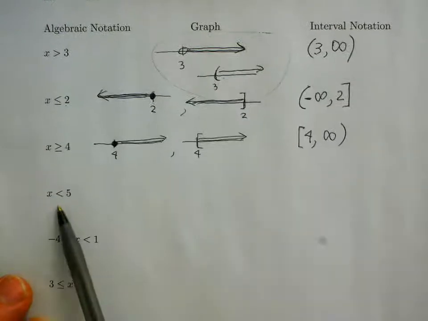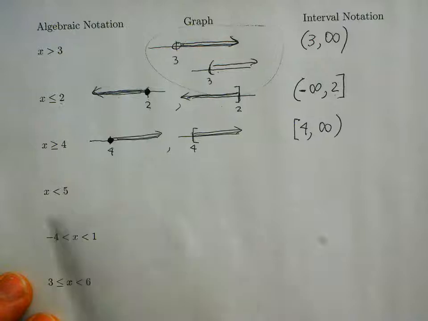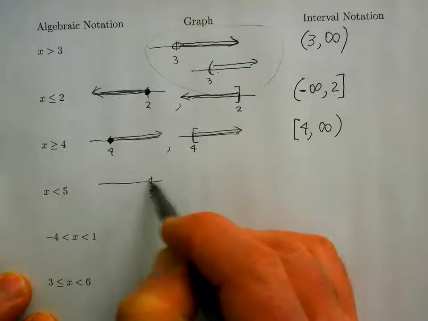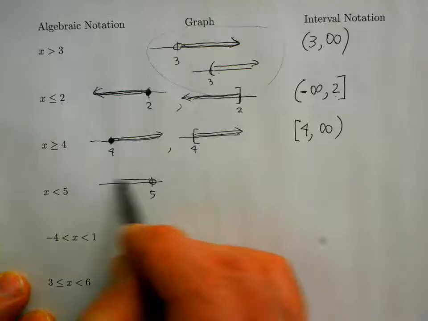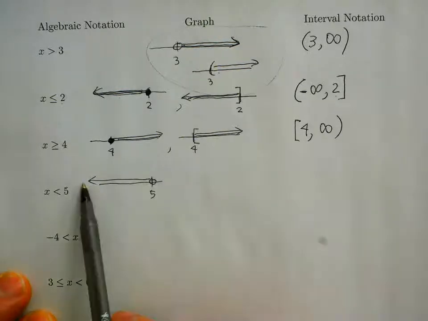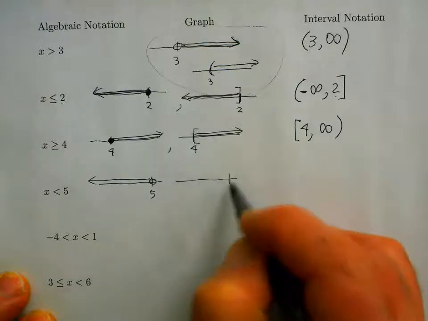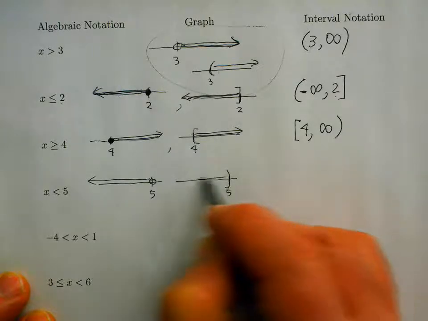X is less than 5. So graphically, we put the number 5, open circle, shade to the left. The numbers to the left are less than 5. Or you could put a parenthesis and shade to the left.